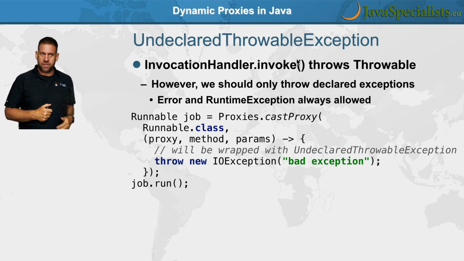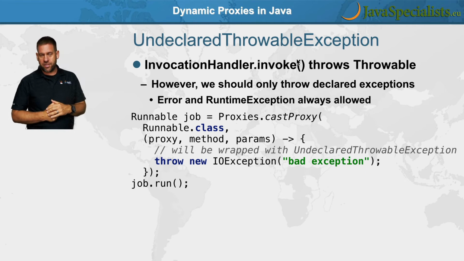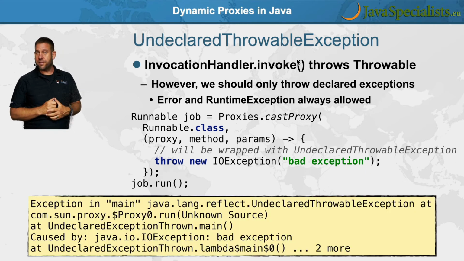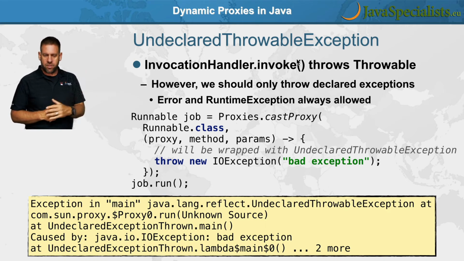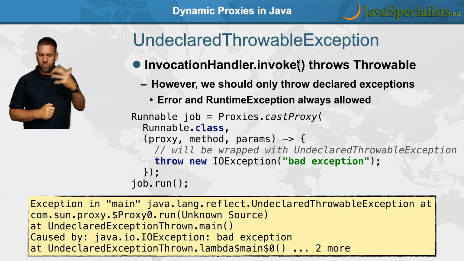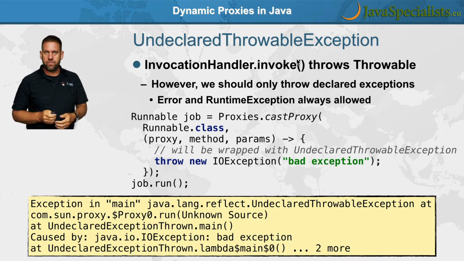Now, of course, Runnable doesn't expect to be throwing an IOException, so what comes back is an UndeclaredThrowableException that contains an IOException. So this is something to be aware of. If you throw the wrong exception, you're going to have a bit of an issue there.